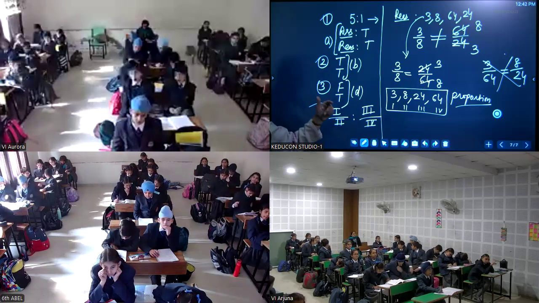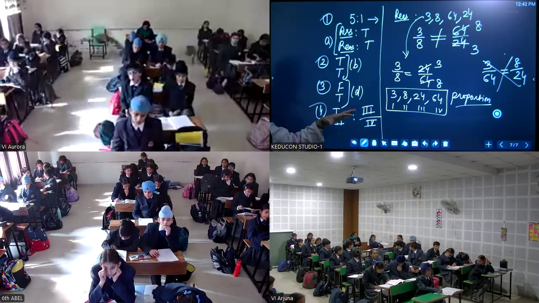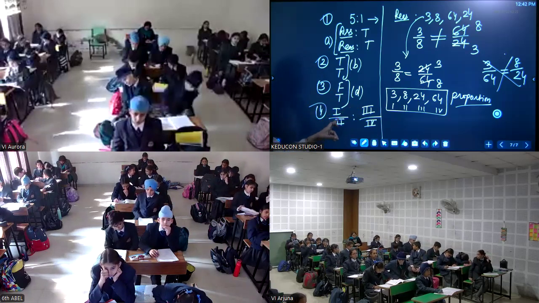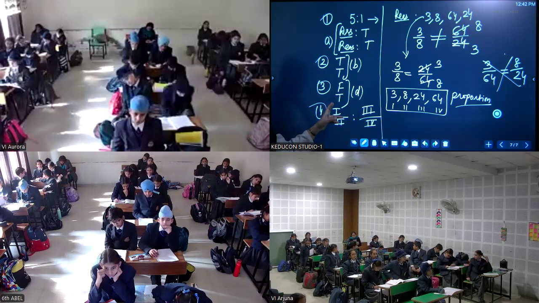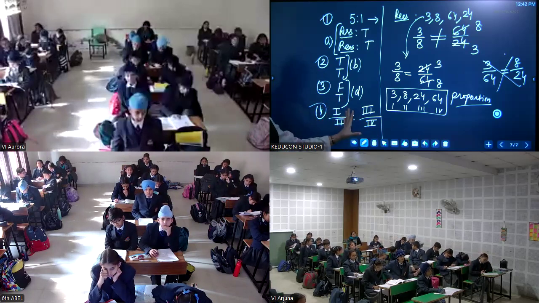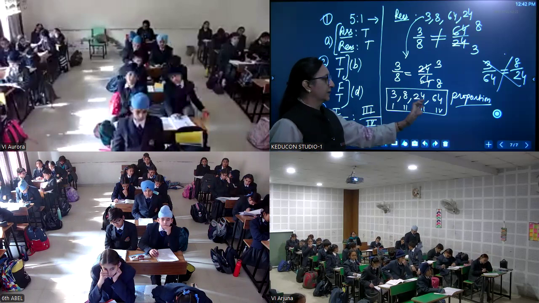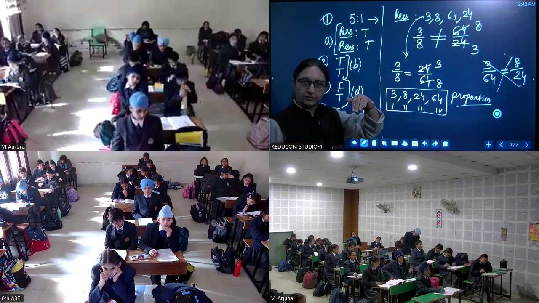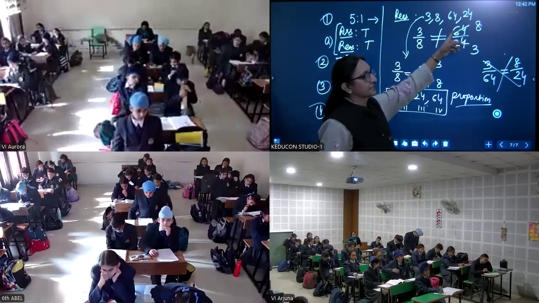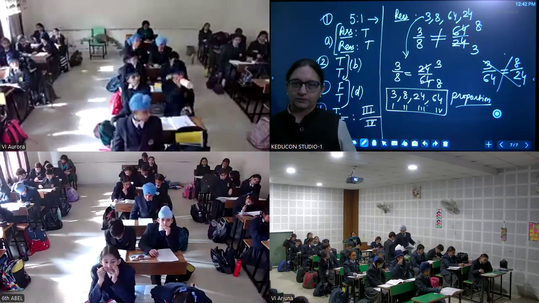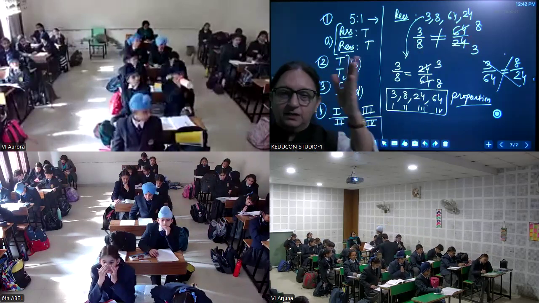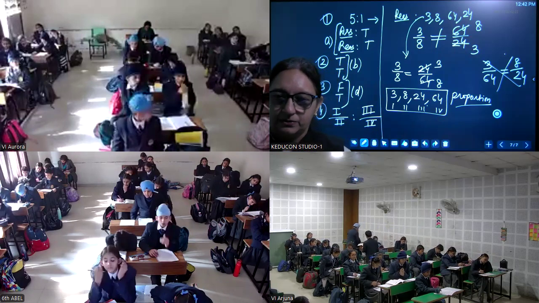Their position is fixed, beta. Please remember. Third cannot come here, fourth cannot go there. We have to write 3, 8, 24, 64 are in proportion, but 3, 8, 64 and 24 are not in proportion. If I change their places, they will not be in proportion.